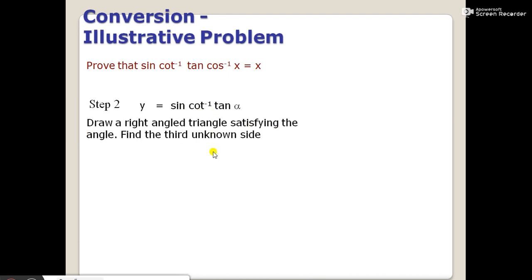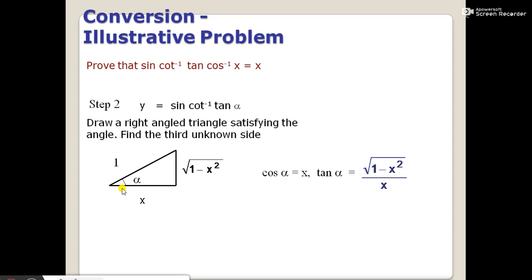And now draw the right angle triangle, that is cos alpha is equal to x, and therefore we get the value of tangent alpha, because in place of this we have to put tangent alpha. As cos alpha is equal to x, base is x, hypotenuse is 1, perpendicular becomes root of 1 minus x square. It means tangent alpha is equal to root of 1 minus x square upon x.